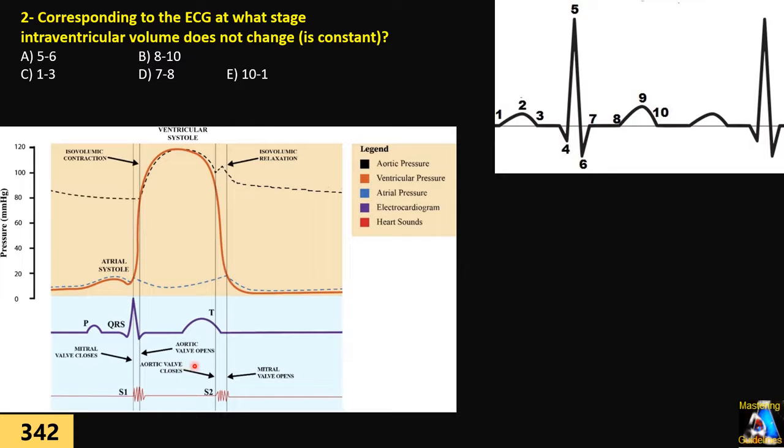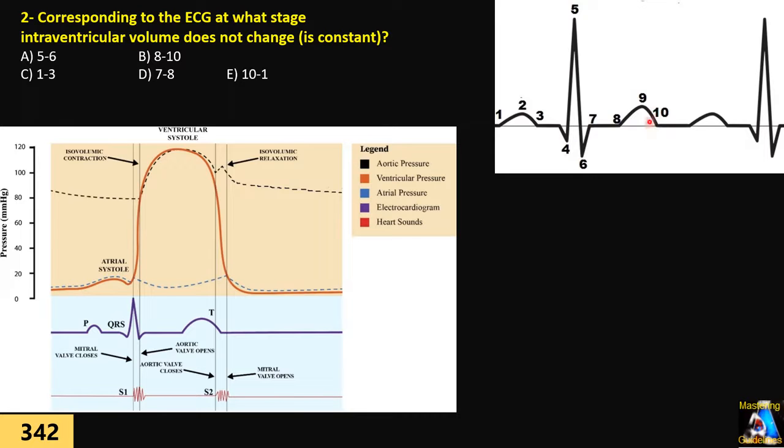Even though the shape of the ventricle changes due to contraction, no blood goes out or in, so the volume doesn't change. On the EKG, the isovolumetric contraction starts at the R wave to the S wave. So one of them is isovolumetric contraction time, the other isovolumetric relaxation time.